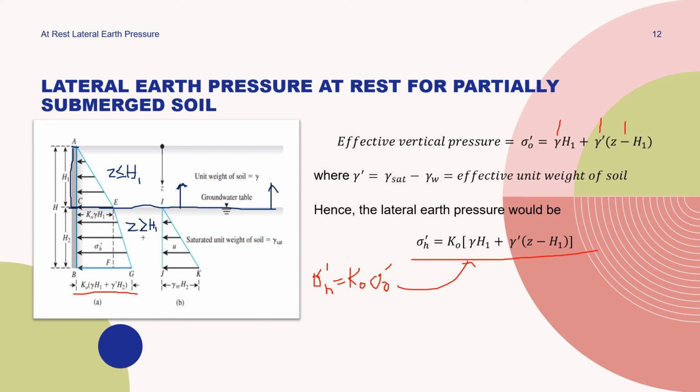So ang earth pressure nga established sa soil under the groundwater table would be sigma prime H is equal to Ko times gamma H1 plus gamma prime times Z minus H1.